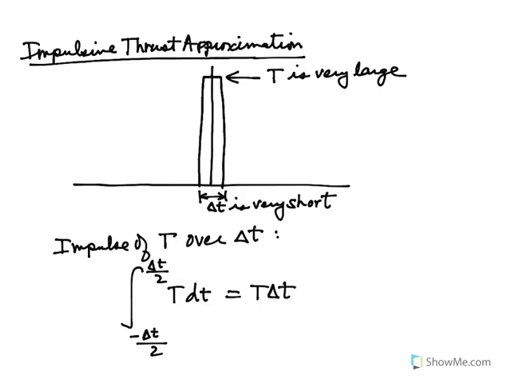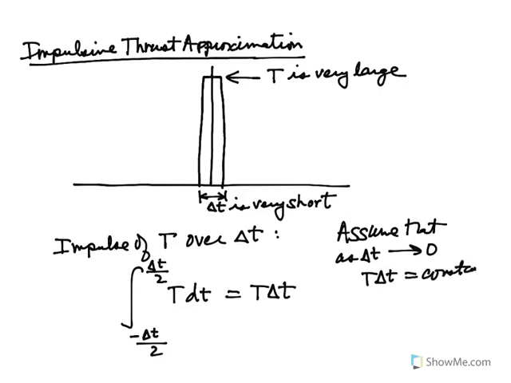But if I assume that as this delta t approaches 0, so we're going to make this assumption, that as delta t approaches 0, T times delta t remains constant.